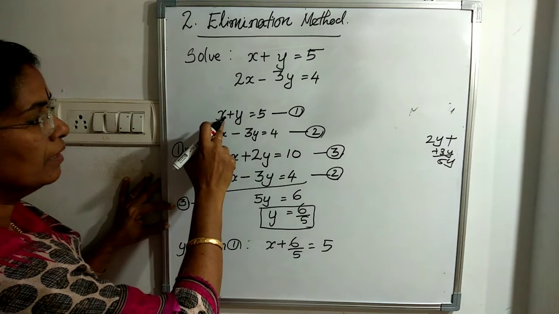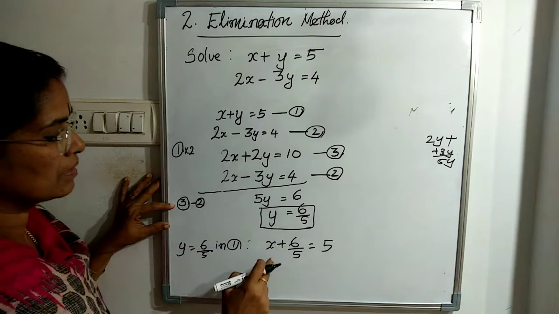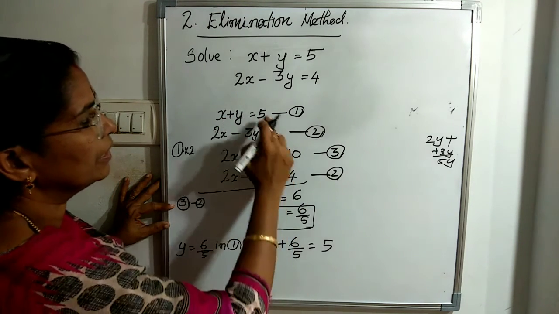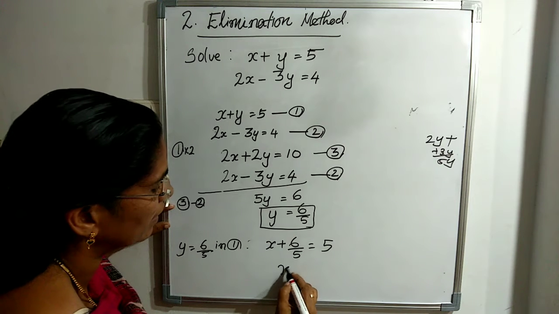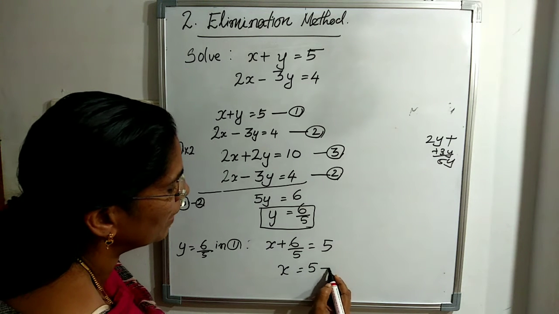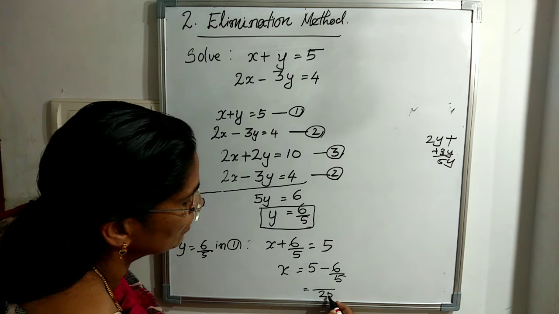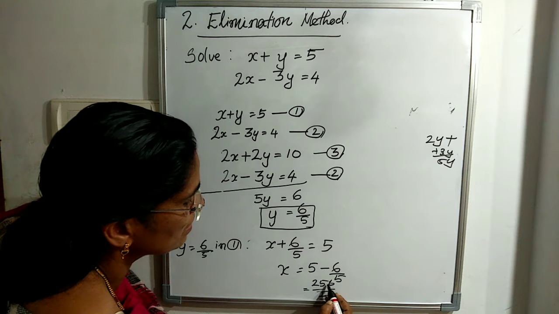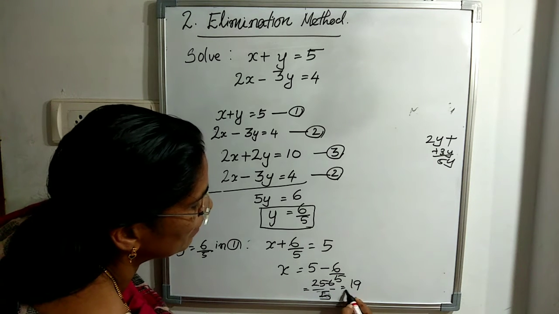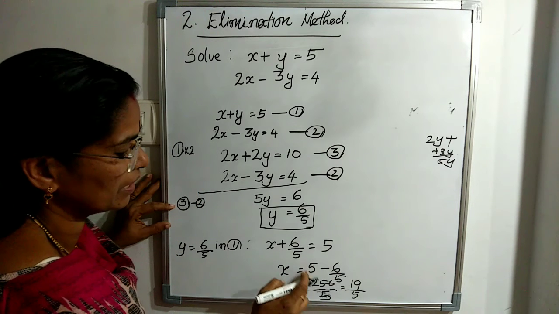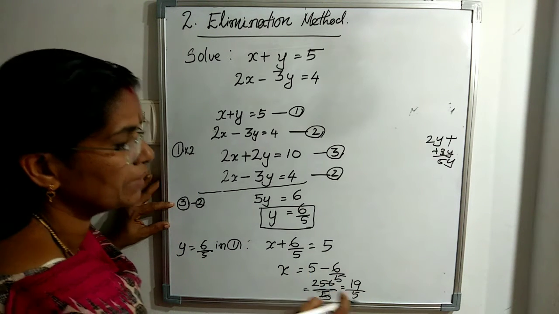Now the equation becomes x plus, substituting the value of y, 6 by 5, equal to 5. So x is equal to 5 minus 6 by 5. Taking the LCM, 5 fives are 25, and 25 minus 6 is 19, so x is 19 by 5.